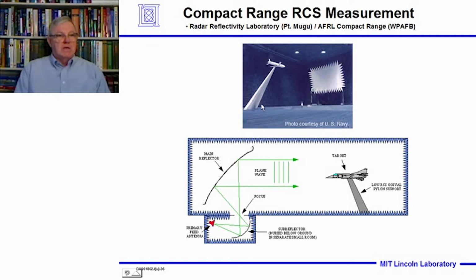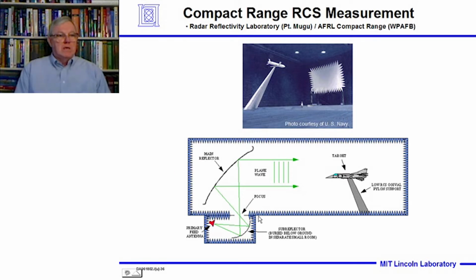You can see that in both cases, the target, in this case both are air-breathing vehicles, a fighter, and a little hard to tell on this one exactly what the object is, but they're located on low RCS pylon support systems, and they're inside of what would appear to be a very large box.